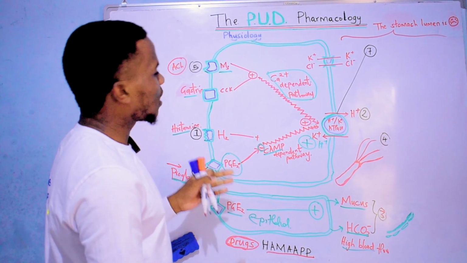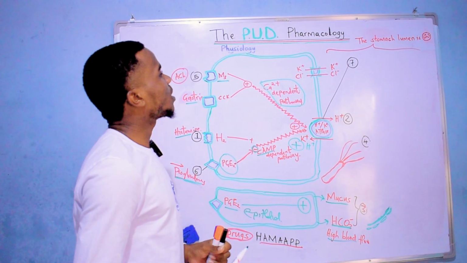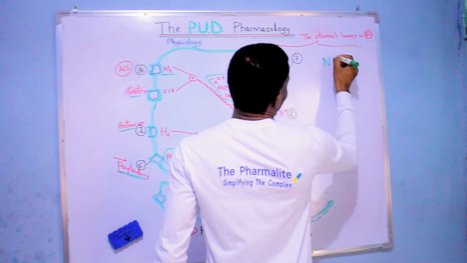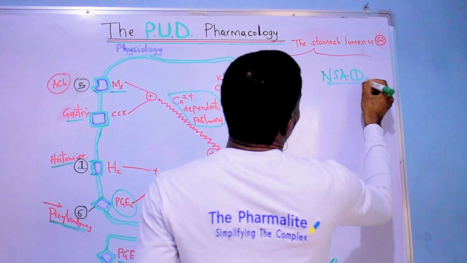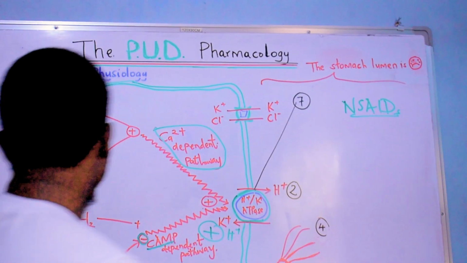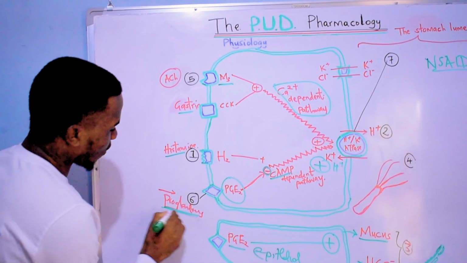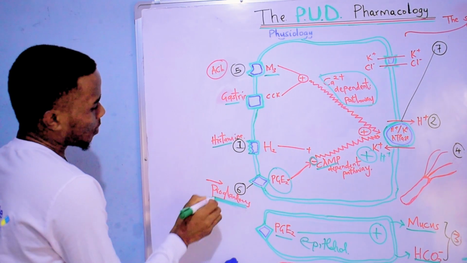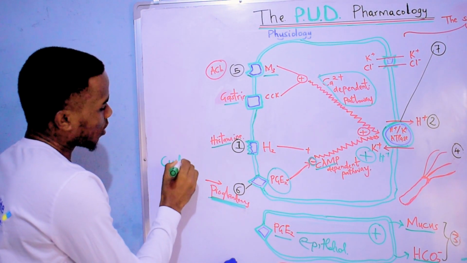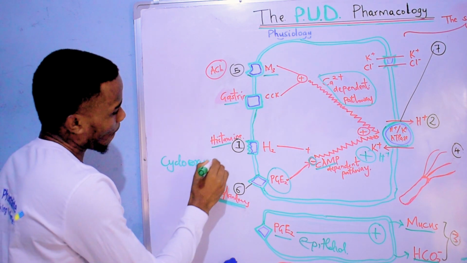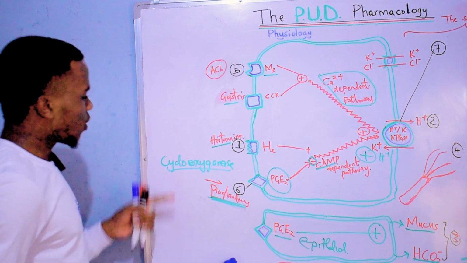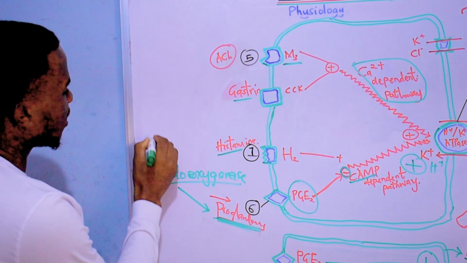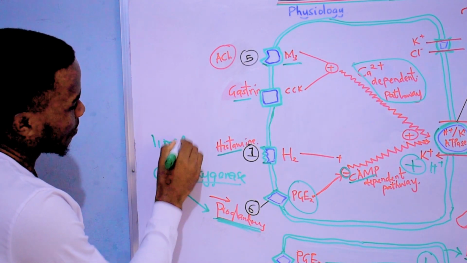So what are some of the factors that cause these imbalances, leading to peptic ulcer disease? The commonest factor is NSAIDs. Chronic use of NSAIDs leads to inhibition of prostaglandin synthesis. There is an enzyme in the pathway of prostaglandin synthesis called cyclooxygenase, which ultimately leads to the production of prostaglandins from lipids.